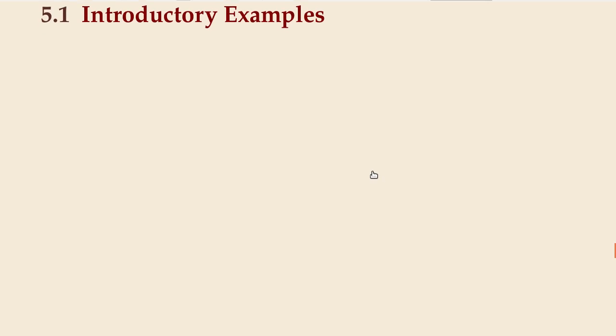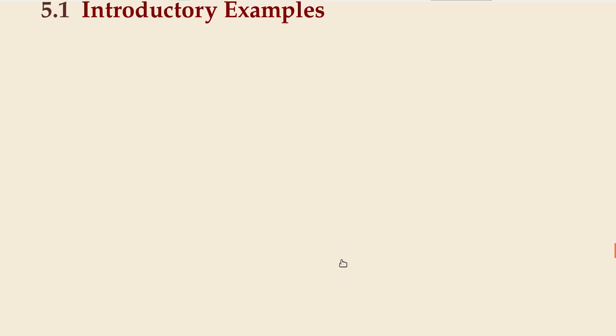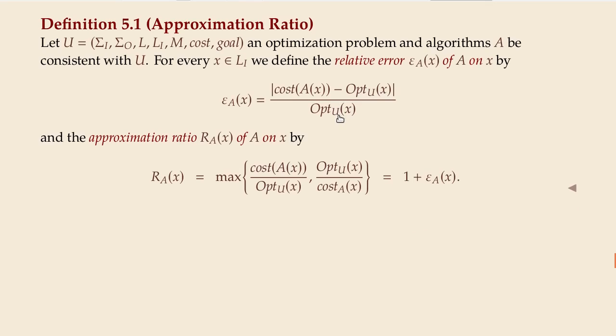Okay, before we discuss a concrete example, let's define what approximation actually should be. So you recall the formal definition of our optimization problems looked like this. I forgot to mention the goal. We can minimize or maximize. That's something I guess you remember.